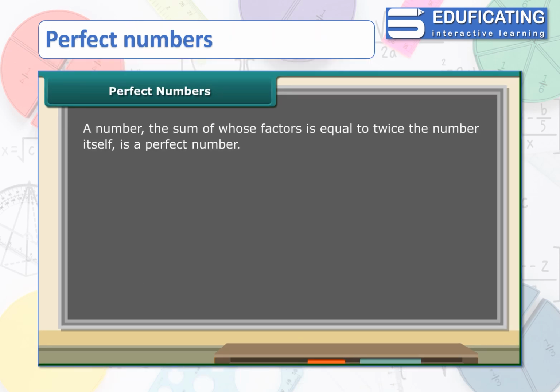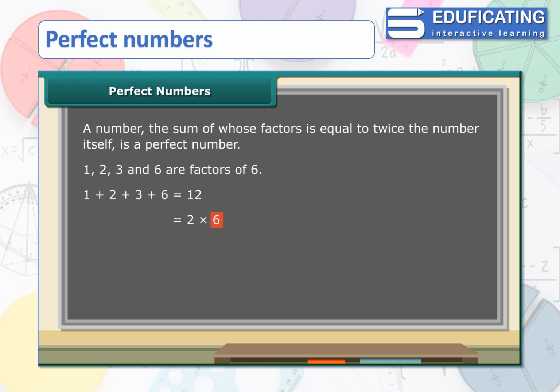A number, the sum of whose factors is equal to twice the number itself, is a perfect number. For example, 1, 2, 3, and 6 are factors of 6. The sum of the factors 1, 2, 3, and 6 is 12, which is the same as 2 times the number 6.